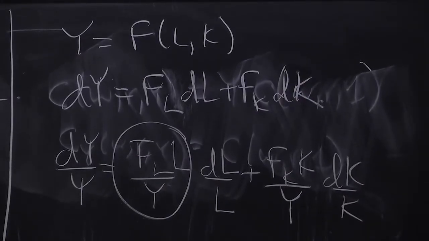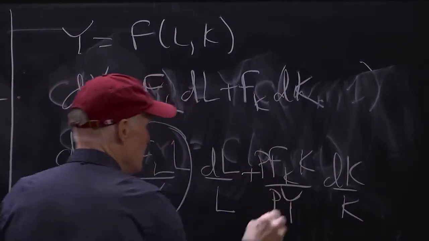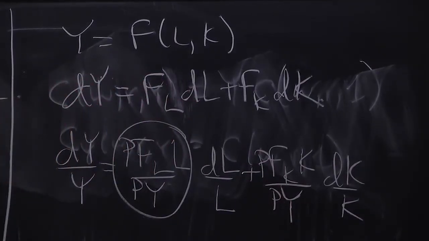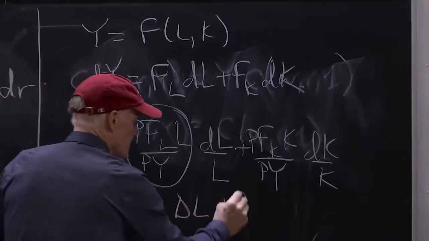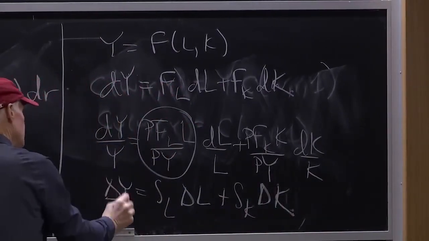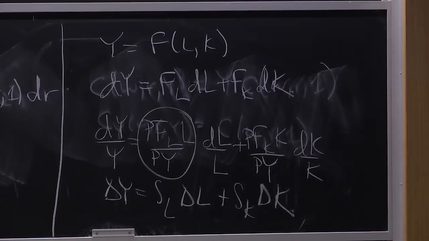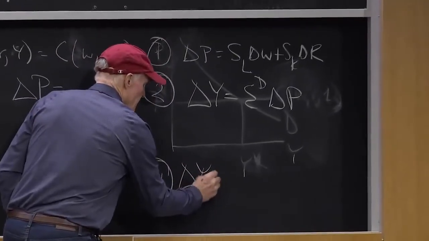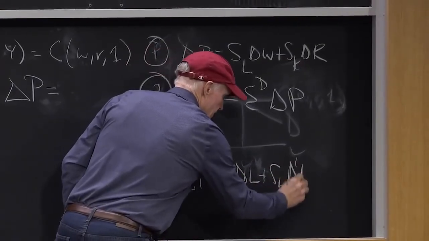Well, we put a P here, and a P here, and a P here, and a P here. Yep, that's SL delta L plus SK delta K. So the change in output is a weighted average of the changes in input quantities. All right, so that's going to be my equation 4. Delta Y equals SL delta L plus SK delta K.